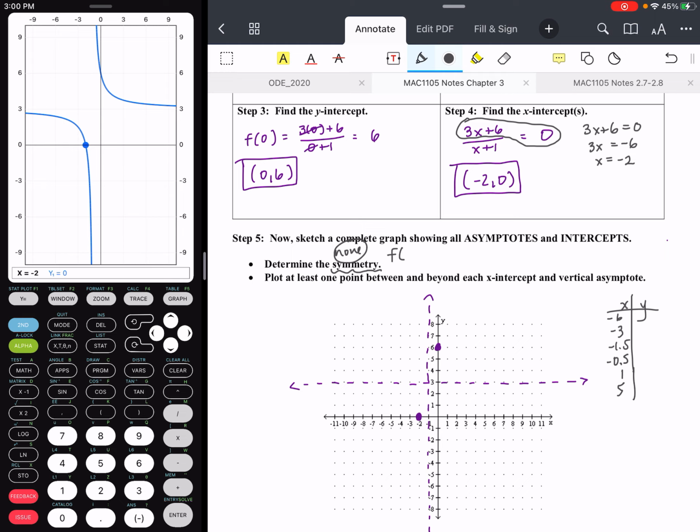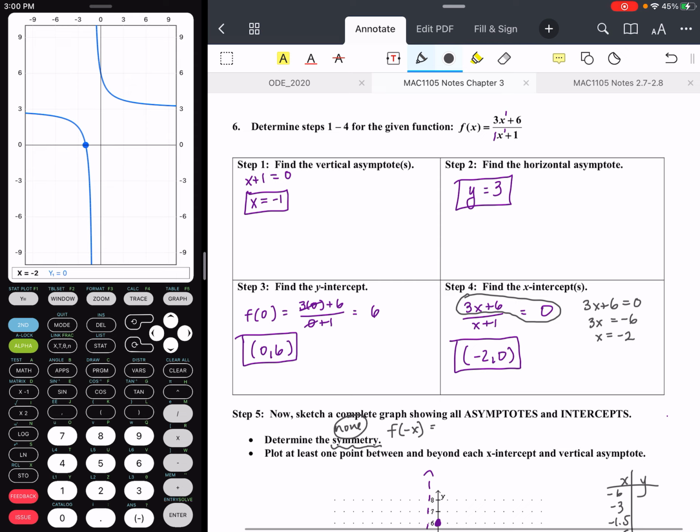So f of negative x, looking at our original function, would equal 3 times negative x plus 6 over negative x plus 1. So this would simplify to negative 3x plus 6 over negative x plus 1.